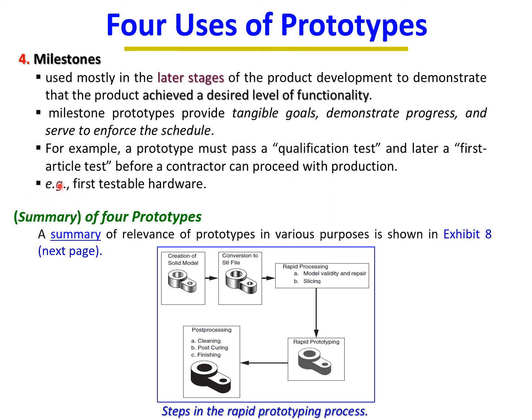So for example, first testable hardware, right? So if you want to confirm that some milestone has been achieved, concept design is now complete, so there should be some prototypes. We can now start production, so some other prototypes and so on. So these are milestone prototypes.